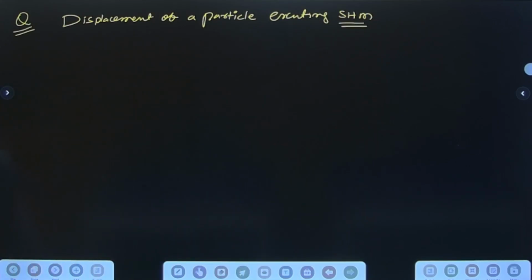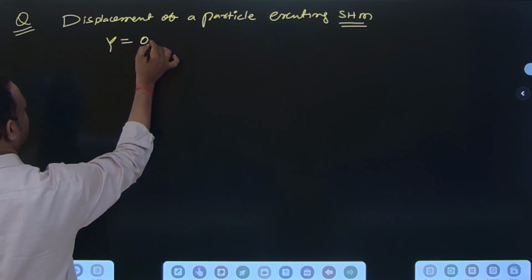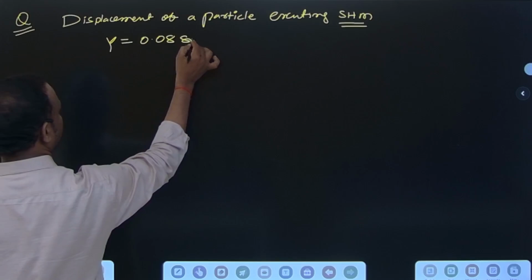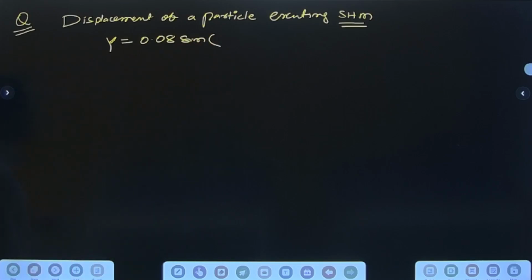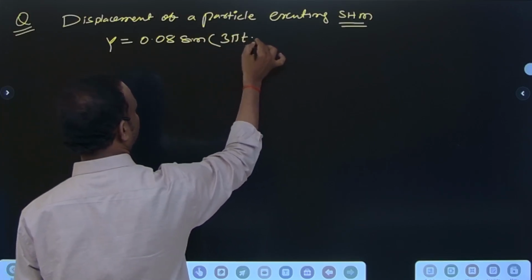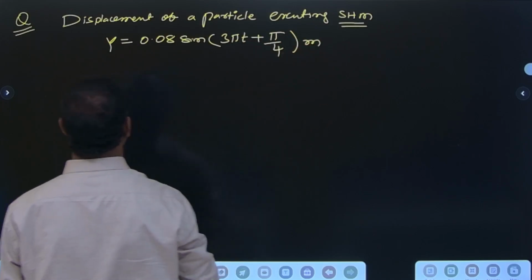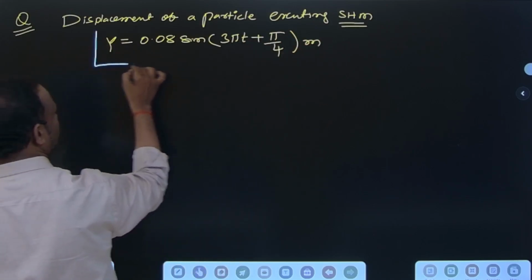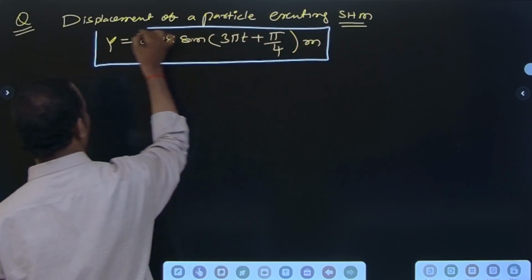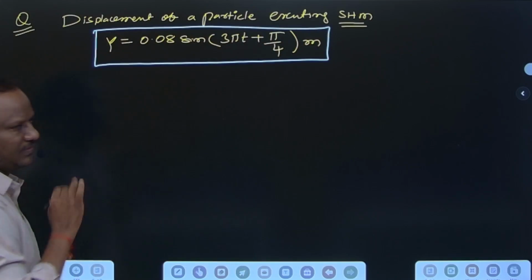So y is equals to 0.08 sine of 3 pi t plus pi by 4, in meter. This is x. So y is given along the y axis. Some equation is given. First of all, let me complete the question.